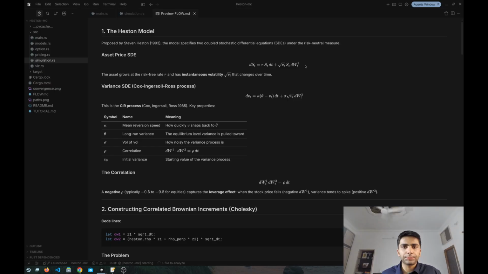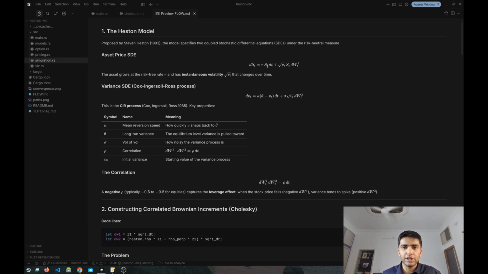Volatility has a sort of clustering effect that we see in the markets, and as the stock price drops, the volatility increases. In options, we can observe a volatility smile or skew rather than constant volatility across different options.